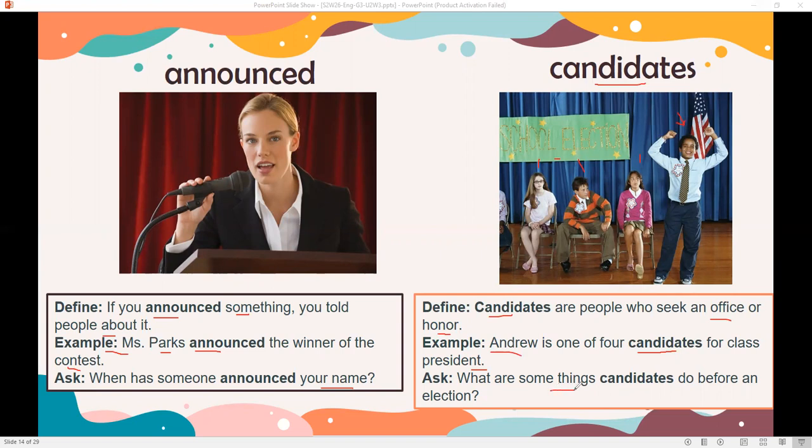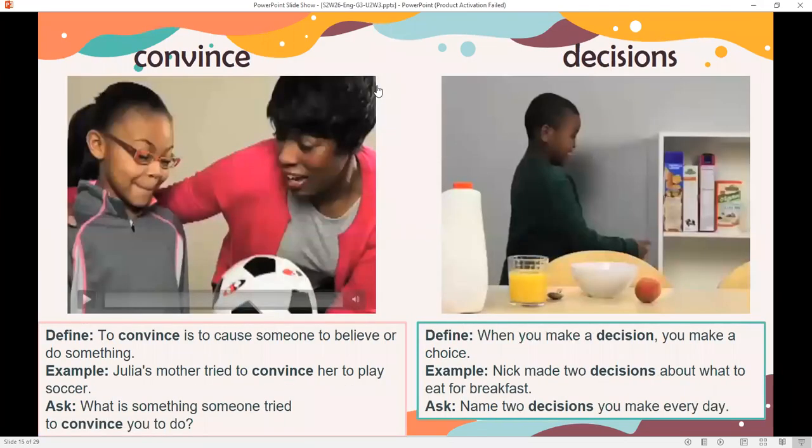What are some things candidates do before an election? Okay, so Andrew here did something, so he convinced other students to vote for him. We have to know what candidates do before an election. I have the word convince. To convince is to cause someone to believe or do something.